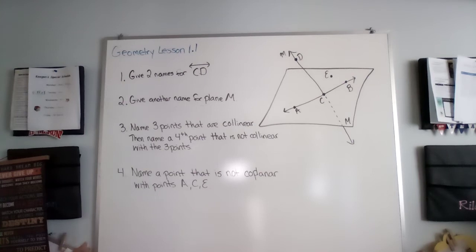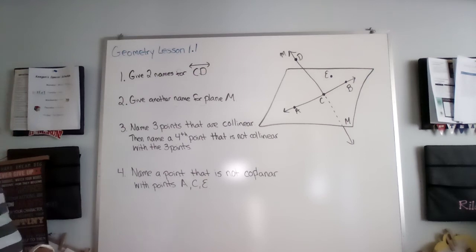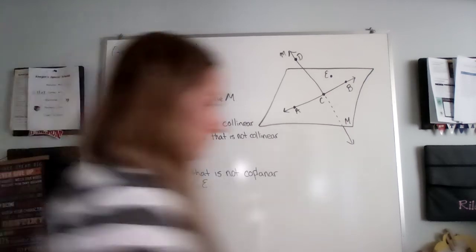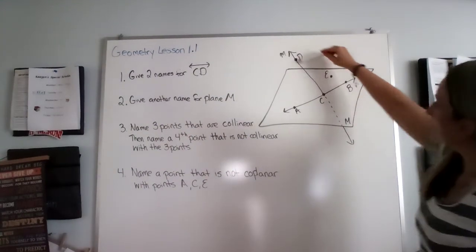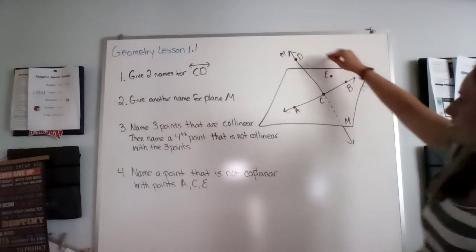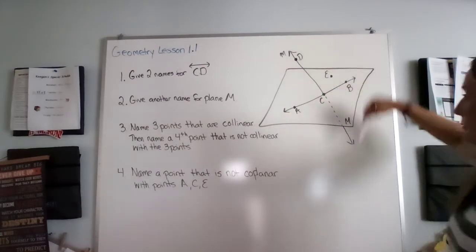Okay, so we're going to give two other names for line CD. First you want to identify where line CD is. If you look at your diagram, CD, I'm talking about this line right here. And you might want to trace over it in a different color or highlight it on your paper if you want.